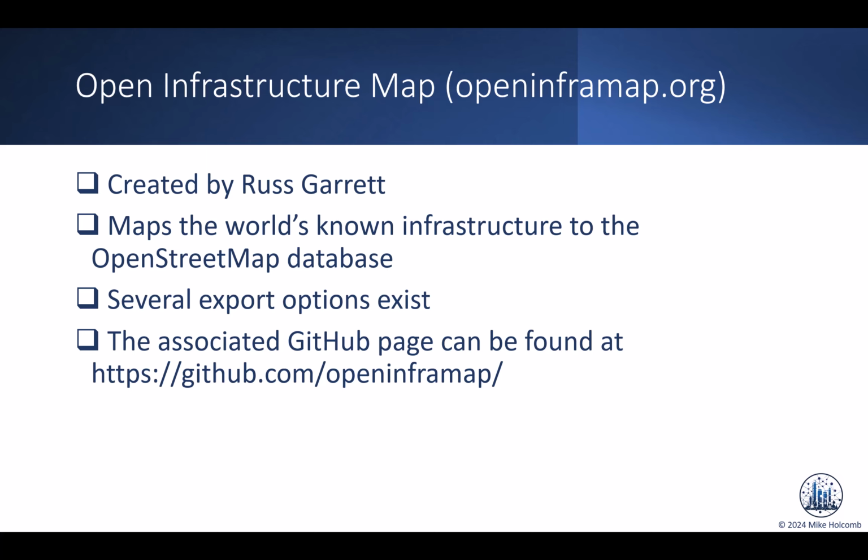Can I tie in this PLC that I just found on the internet to a manufacturing facility or a power plant or a rail network, and the list goes on and on and on. So you can check out their GitHub page that you can see there at the Open Infra Map repository.